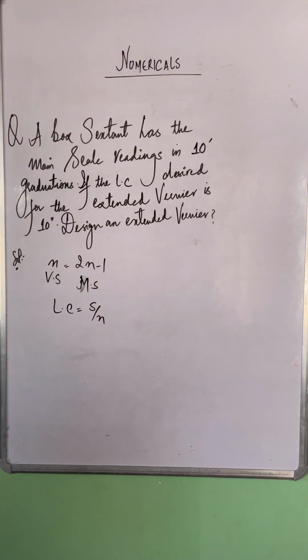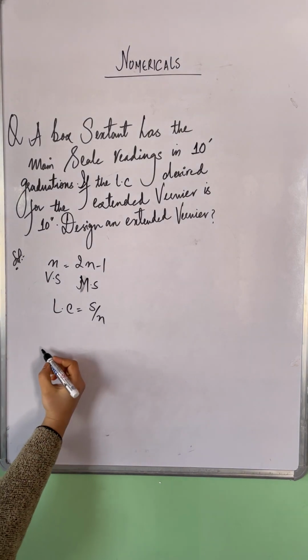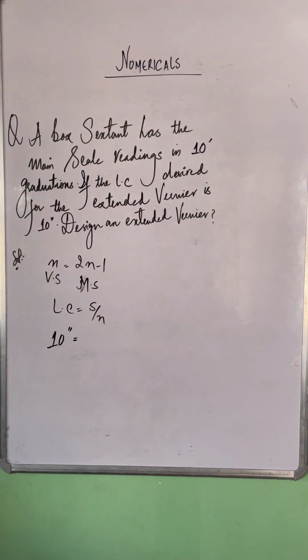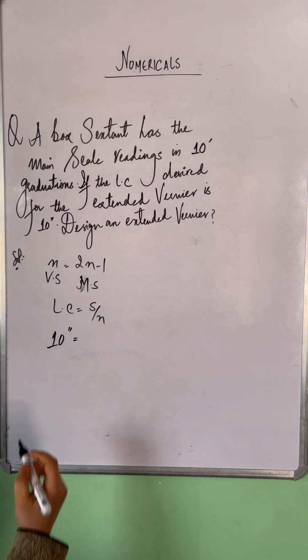What is the least count? The least count desired for the extended vernier for this box sextant is 10 seconds. What is my S? A box sextant has the main scale readings in 10 minutes. So my S is 10.